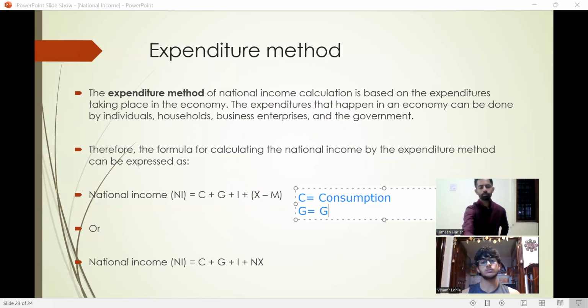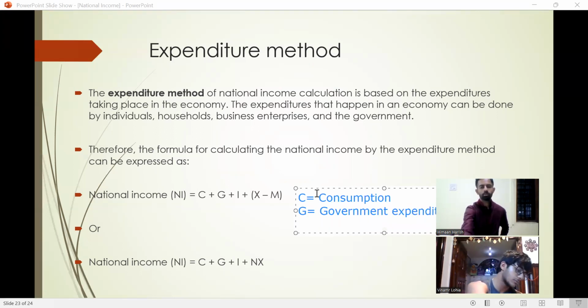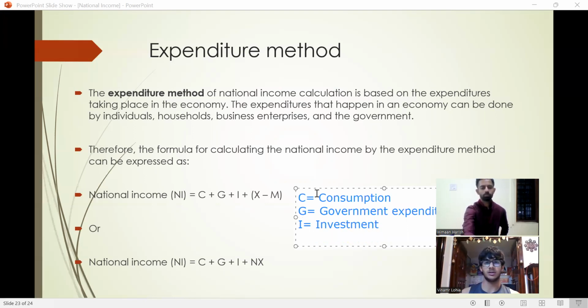And I is the investment. So is it similar to the aggregate demand formula, which we learned in the previous chapter? X minus M is equal to net exports, where X is exports and M is imports.